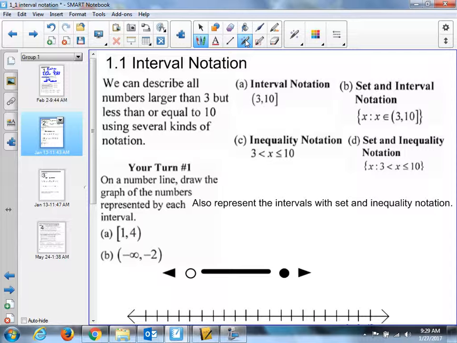Second page. So, round bracket, meaning the 3 is not included, larger than 3, but doesn't include 3, right? So that's why I use a round bracket here. That's why you use a less than sign there without an equals. This 10 belongs to the set, so less than or equal to 10, right? 10 is the max number, it doesn't exceed it.